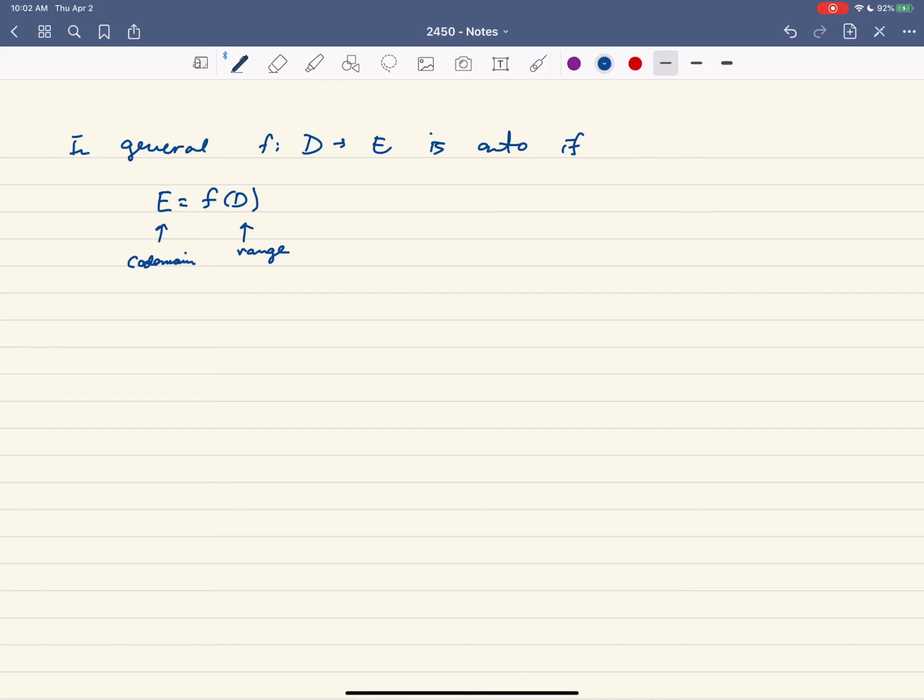Okay. It turns out, again, for linear transformations, that we have the following.